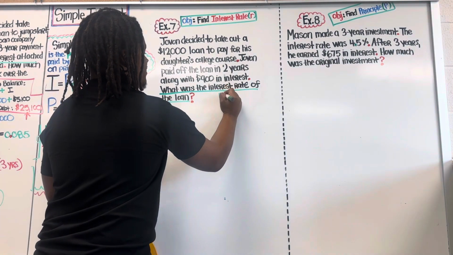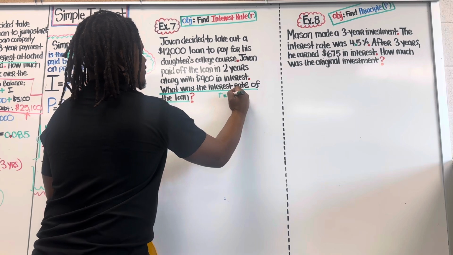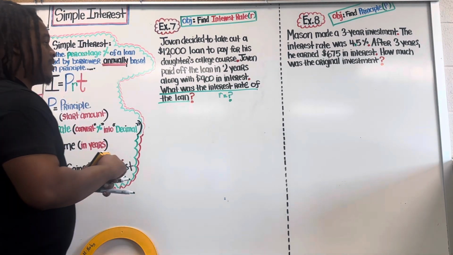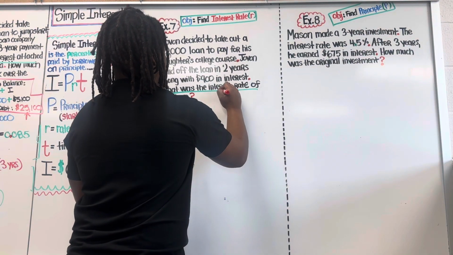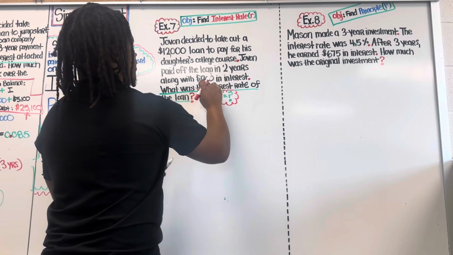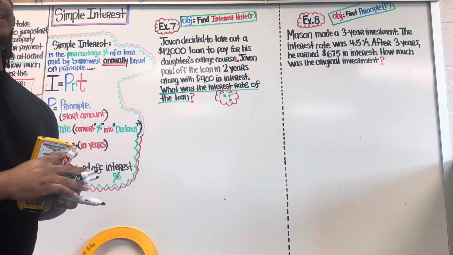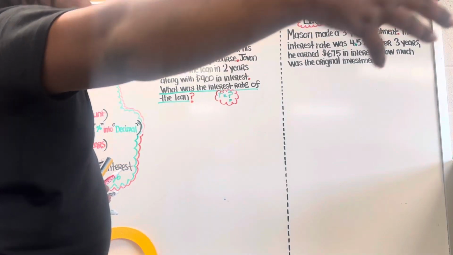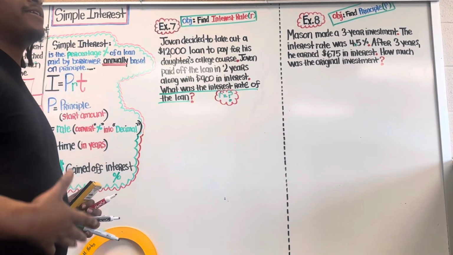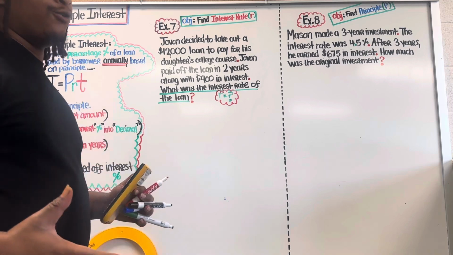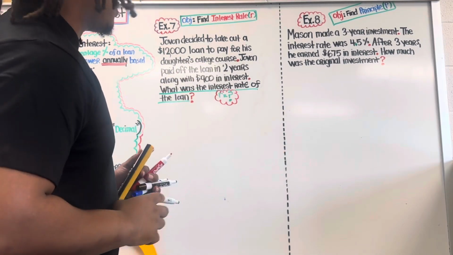Remember, interest rate is R. So we're trying to figure out what was the interest rate of the loan, right? If he got a $12,000 loan, and over a span of 2 years, he had to pay back the $12,000 with an additional $900 attached to it or on top, then of course there was an interest rate that was added to the debt that he owed. So we're going to find out what is that interest rate.